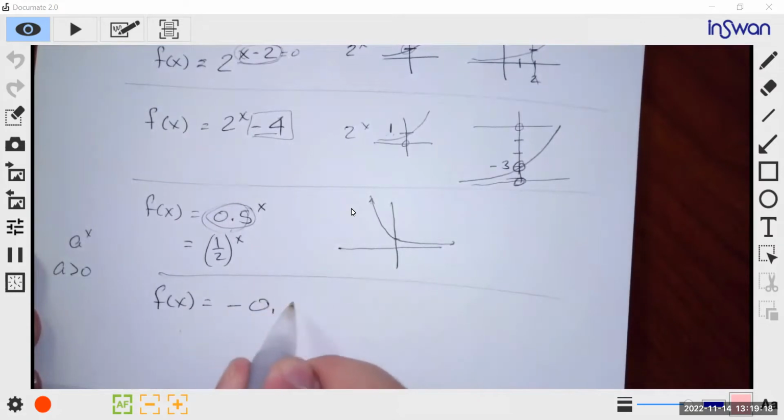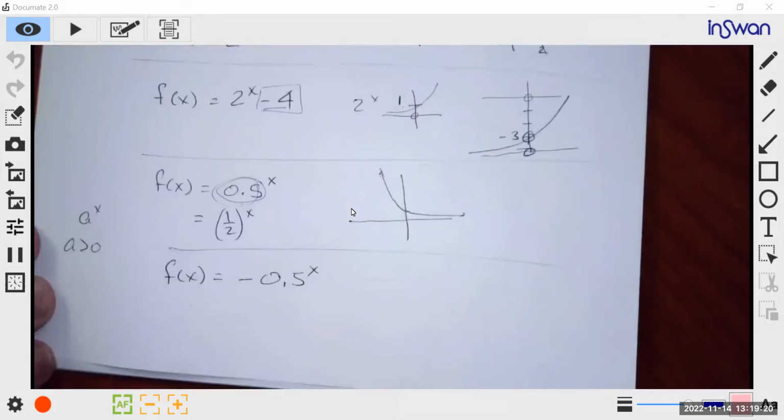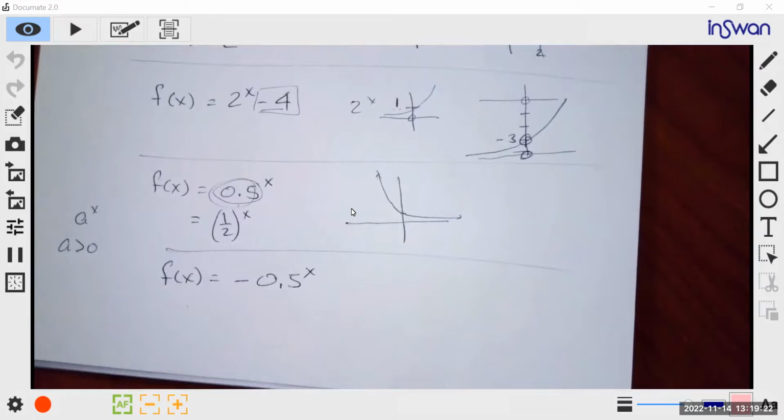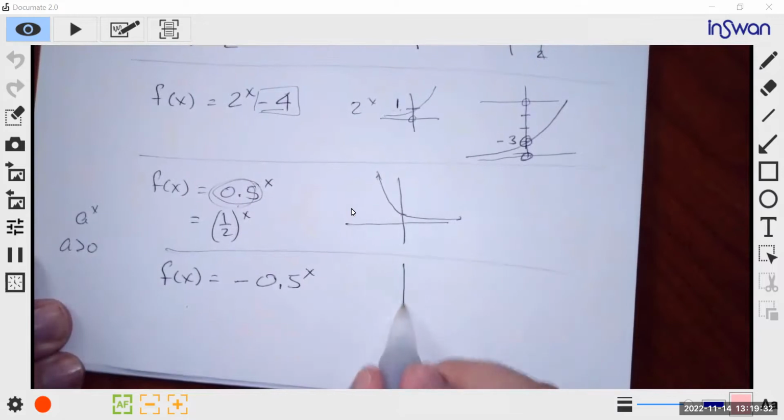What happens if I change the sign in front of it? So where does it flip? X or Y? Are you sure? Yes. Good.